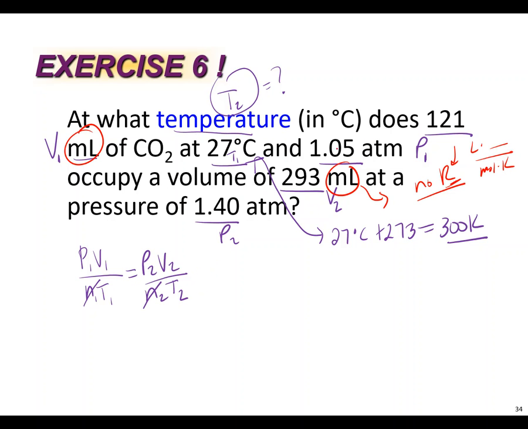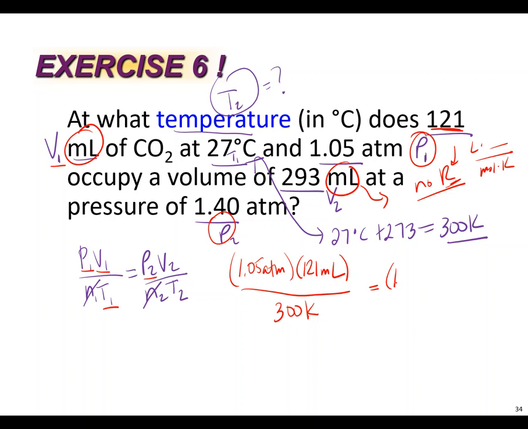So now I'm just going to plug away here. Here is my first pressure, 1.05 atm, times my volume 1, which happens to be 121 milliliters, over T1, and that is 300 K. Over here, P2, so that's 1.4 atm, my second volume in milliliters, and of course the one we're missing, our T2.